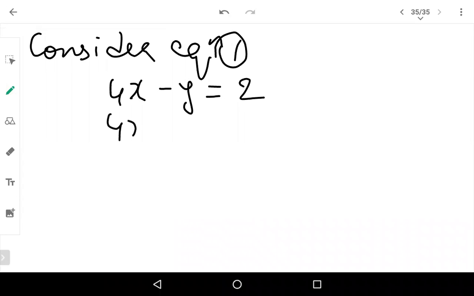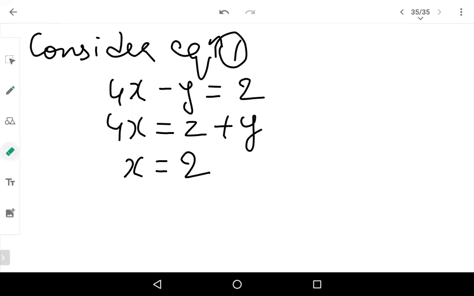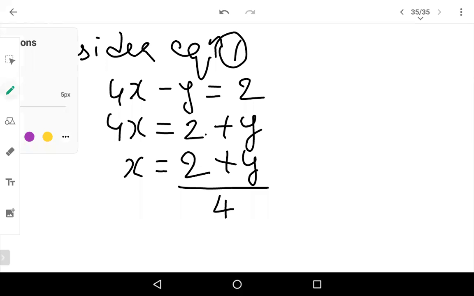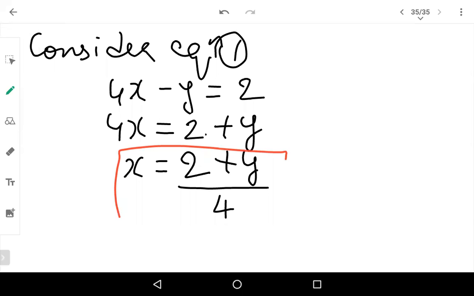So 4x is equal to 2, and if I take minus y to the other side, it will become plus y. Then x is equal to 2 plus y, and when it is multiplication on one side, it becomes division on the other side. So now I have x is equal to 2 plus y divided by 4.